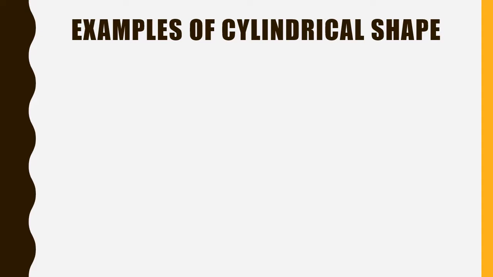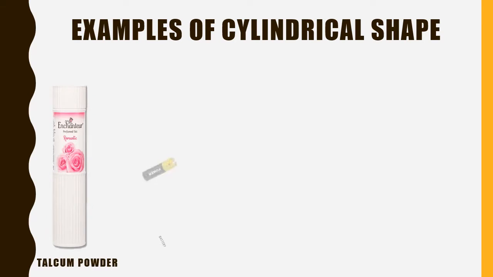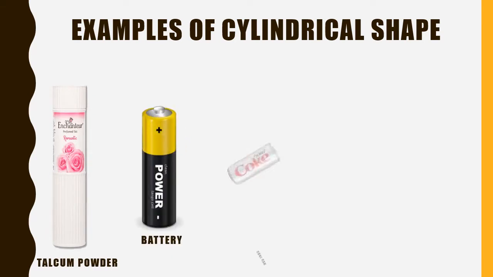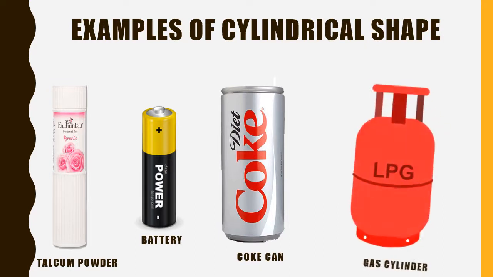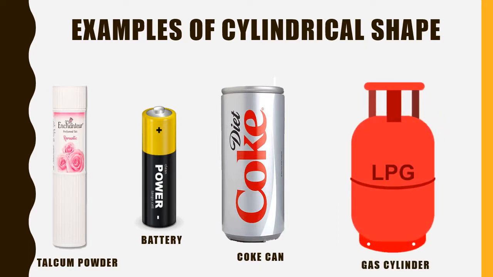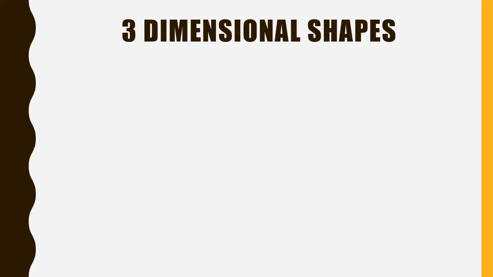Let's have a look. A bottle of talcum powder, battery, a Coke can, and a gas cylinder. All these things are cylindrical in shape or they are called cylinders.